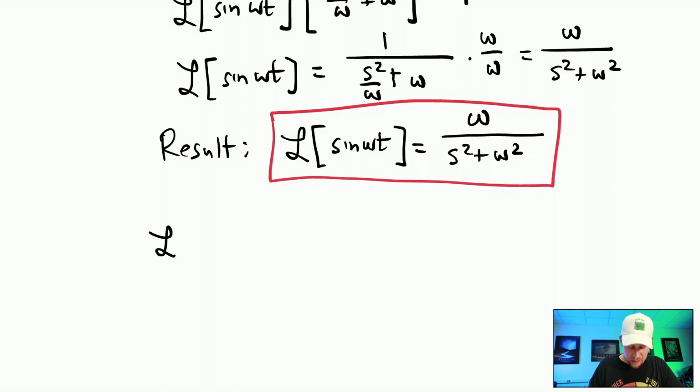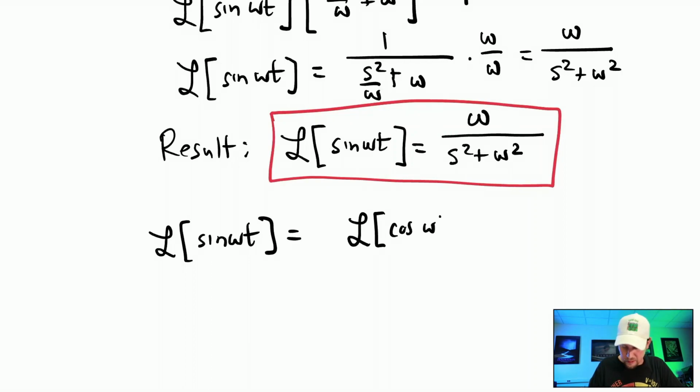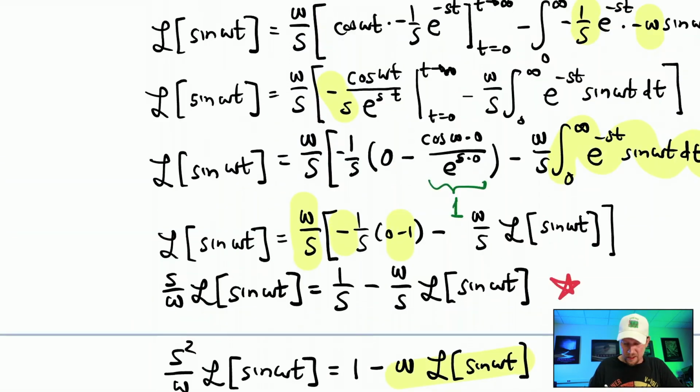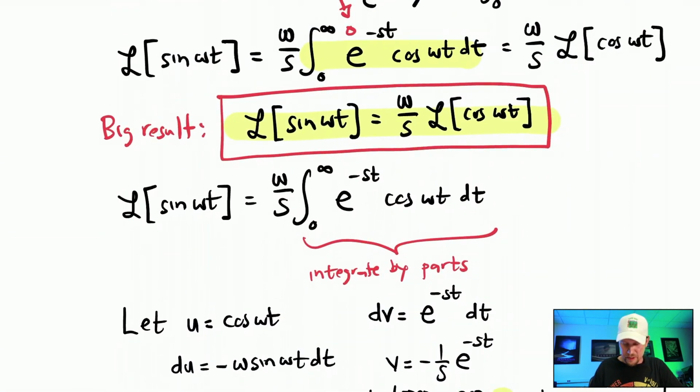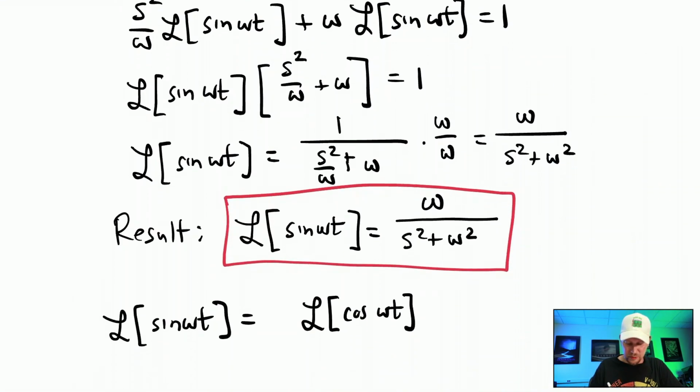So we had the Laplace transform of sine omega t was omega divided by s times the Laplace transform of cosine omega t. I need to make sure that I get the coefficients right. It's a multiplicative factor.